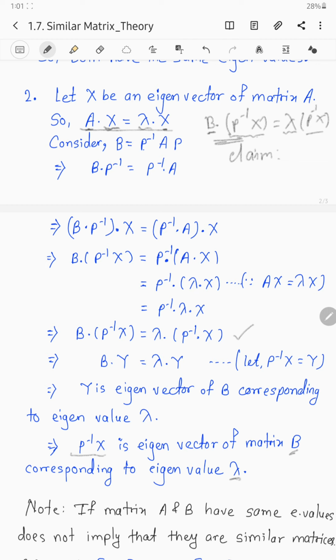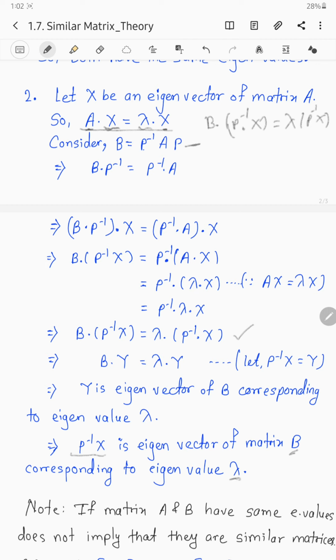Okay, now let us start. As given, both matrices are similar, so I have B equal to P inverse AP. Looking at the claim, B is multiplied by P inverse, so I multiply this equation by P inverse from the right side.